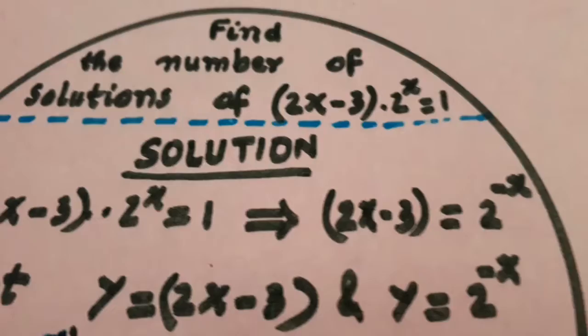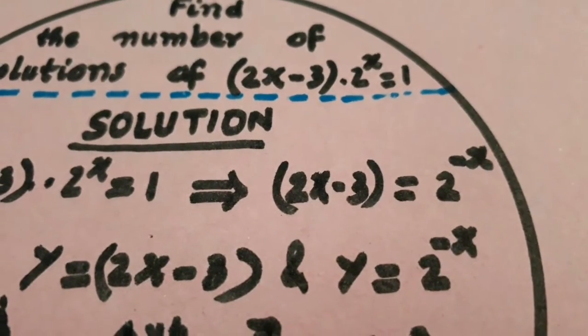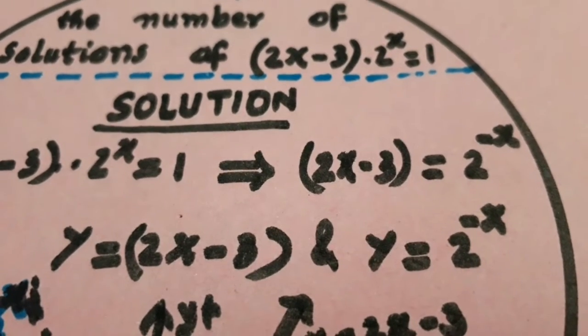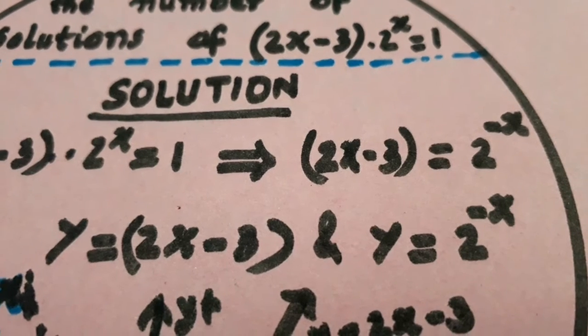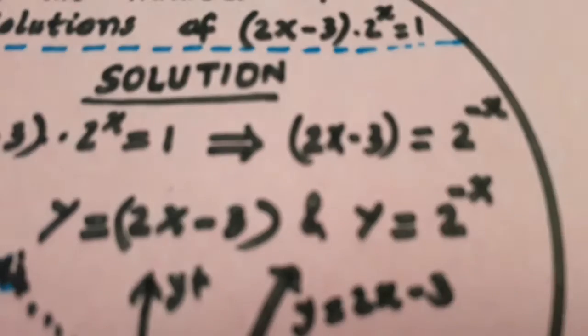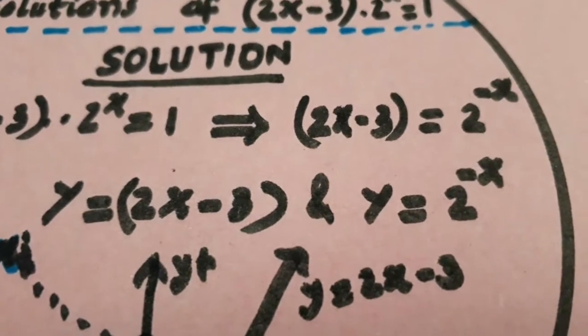Take 2 raised to x on the other side, so it is 2x minus 3 is equal to 2 raised to power minus x. Now put each function equal to y. Y is equal to 2x minus 3, and y equal to 2 raised to power minus x, as I did in the previous case when I was telling you what polynomials are.